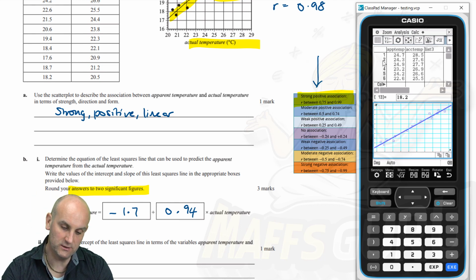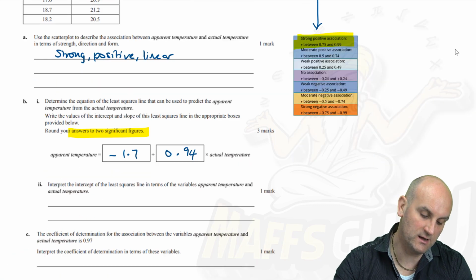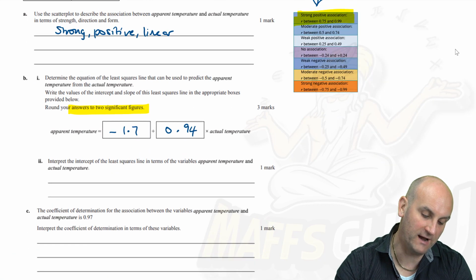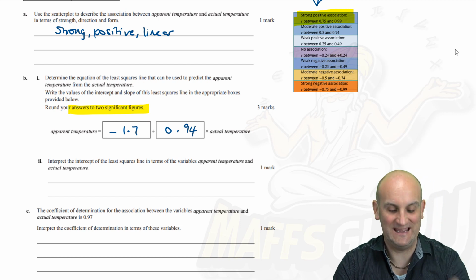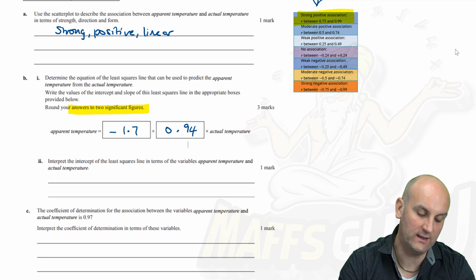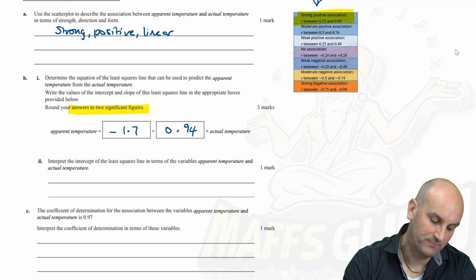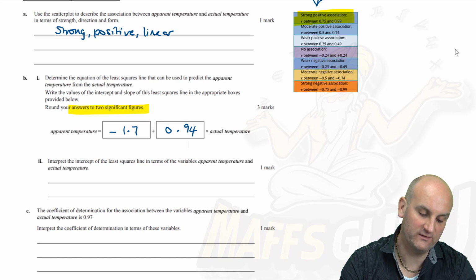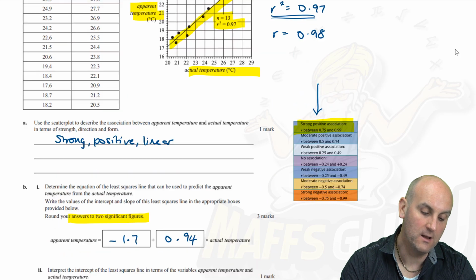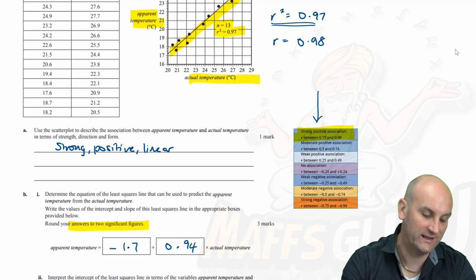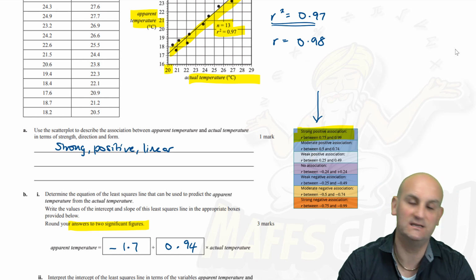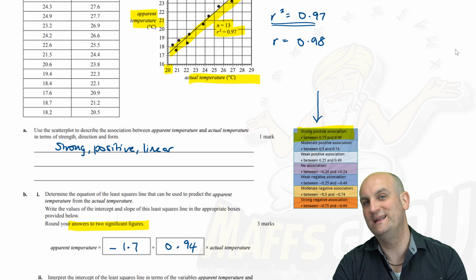So life is good. Now it goes on to say, interpret the least squares line in terms of the variables apparent temperature and actual temperature. So interpret the intercept. What does that minus 1.7 mean? It means when my actual temperature is 0 degrees centigrade. Now, again, don't get tricked. This starts at 20, but our intercept is when it is 0.